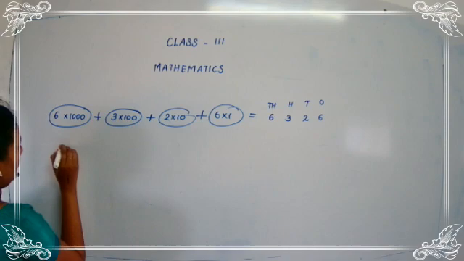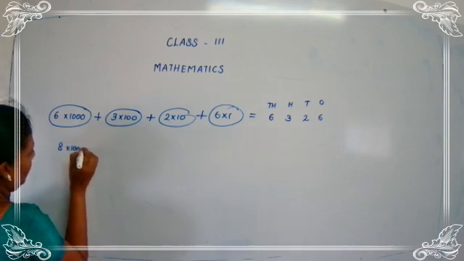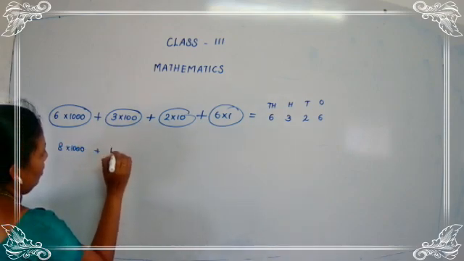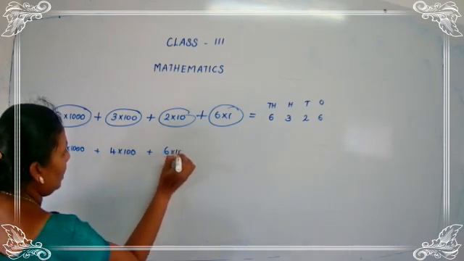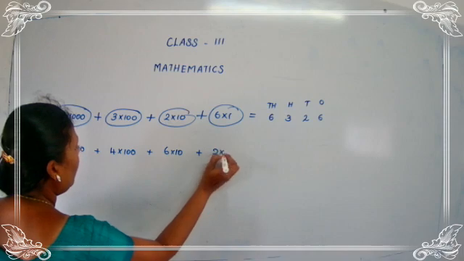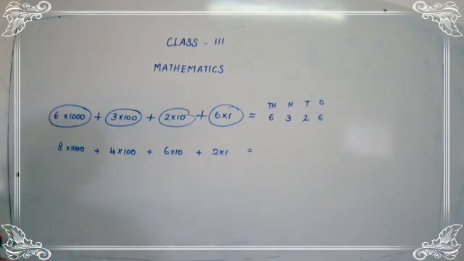Then 8 multiplied by 1000 plus 4 multiplied by 100 plus 6 multiplied by 10 plus 2 multiplied by 1. How can you make the short form of this one? First see the thousands one. 8 multiplied by 1000.